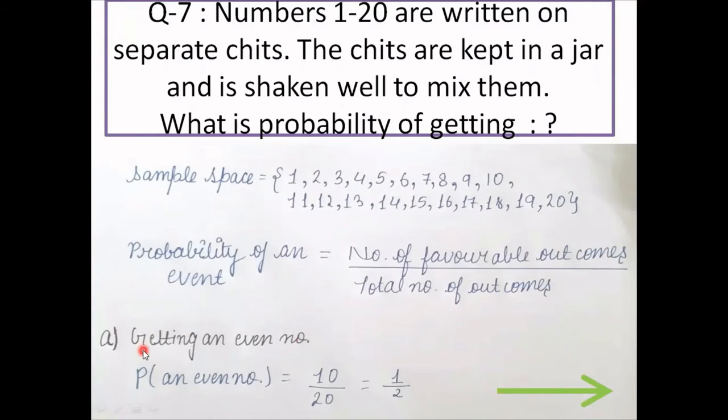Now first part says getting an even number. So probability of an even number is 10 by 20. You can count in the sample space. The even numbers are 2, 4, 6, 8, 10, 12, 14, 16, 18 and 20. Those are 10. So 10 by 20. On simplification it is 1 by 2, which is half.